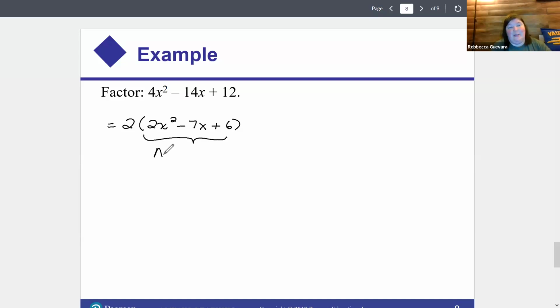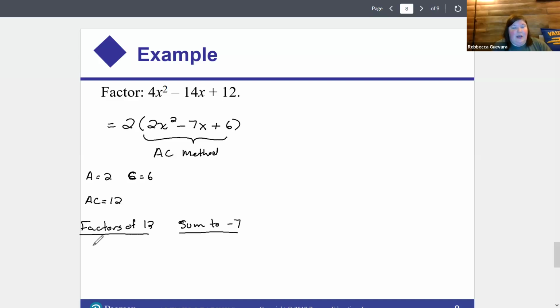So we're going to use the AC method. My A is going to be 2, my C is going to be 6, so AC is going to be 12. So I need factors of 12 that should sum to negative 7.